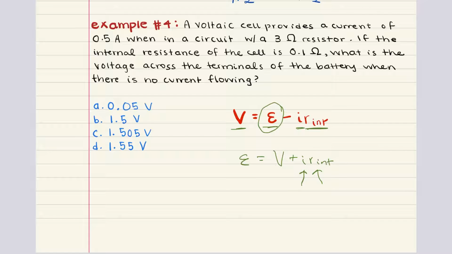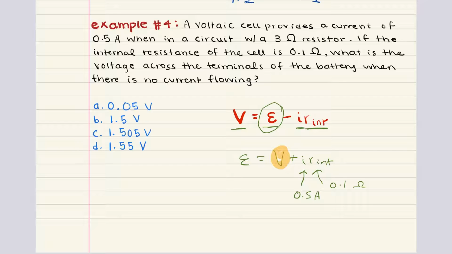Now we know these two variables. I is the current, and we're told that the current is equal to 0.5 amperes. And we're also given the internal resistance. This is equal to 0.1 ohms. What we really need to figure out is this V term. So here we need to calculate the voltage across the battery when the current is flowing.